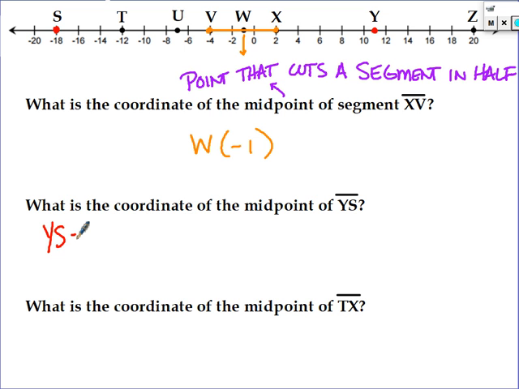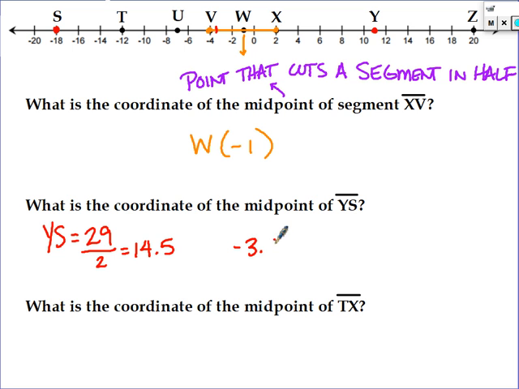If I cut that in half, I get 14 and a half. So 14 and a half spaces in is where the midpoint is going to be. So I have to find that. So starting at S, I'm going to count 14 and a half. 2, 4, 6, 8, 10, 12. 14 and a half is going to be -3 and a half.